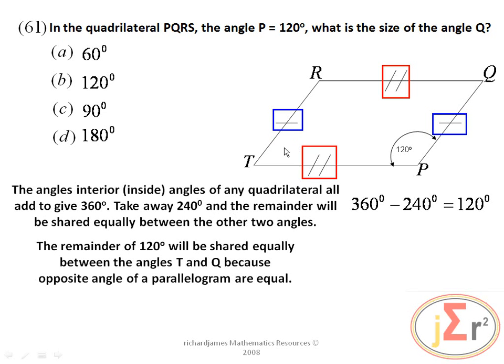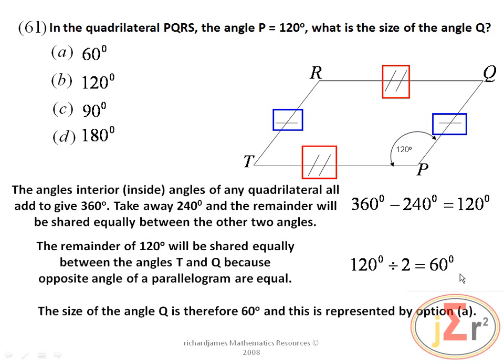So these two are also equal. Therefore, the 120 is to be shared equally between T and Q. So 120 divided by 2 is equal to 60. The size of the angle Q is therefore 60 degrees, and this is represented by option A.